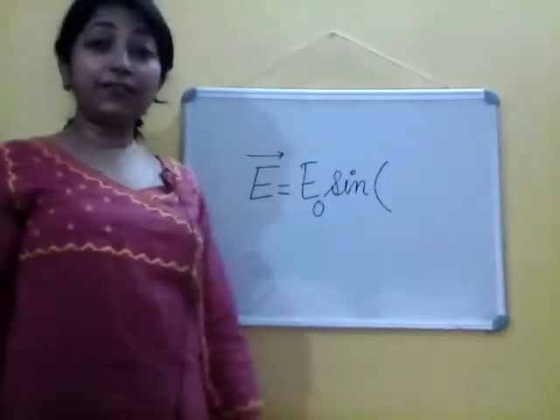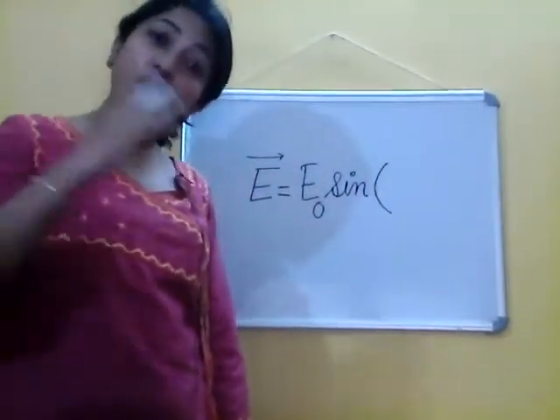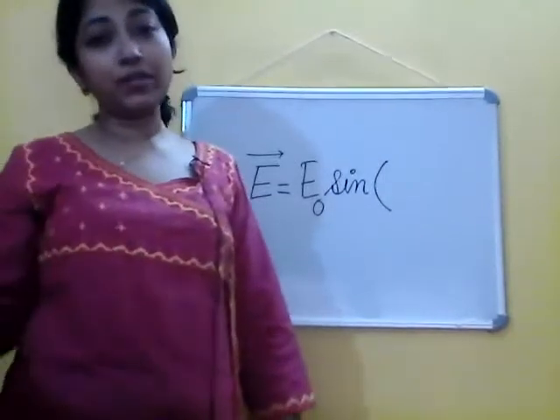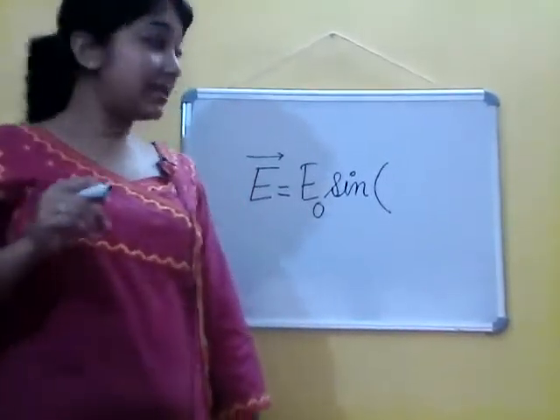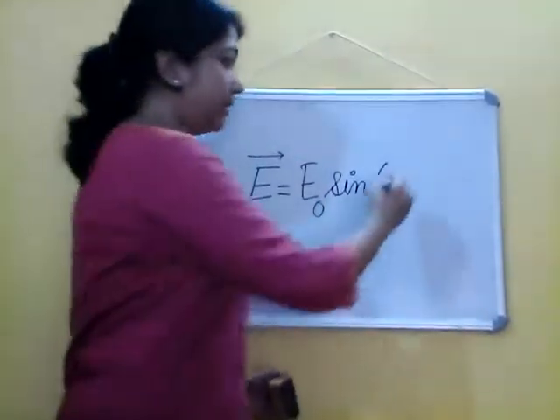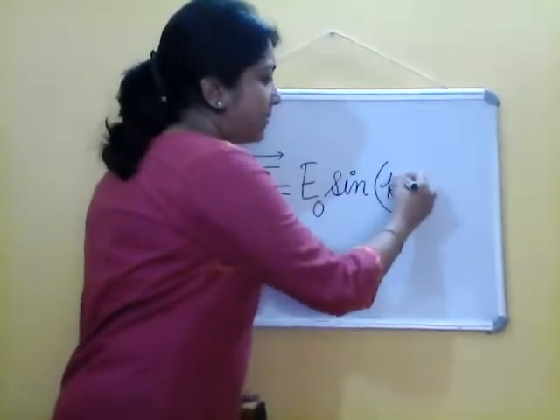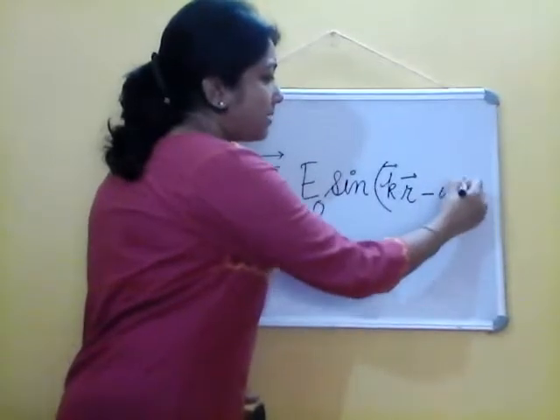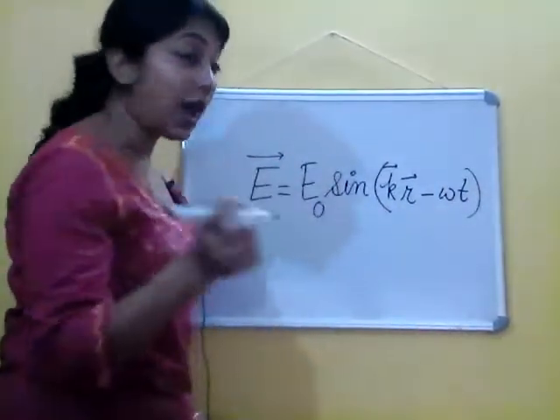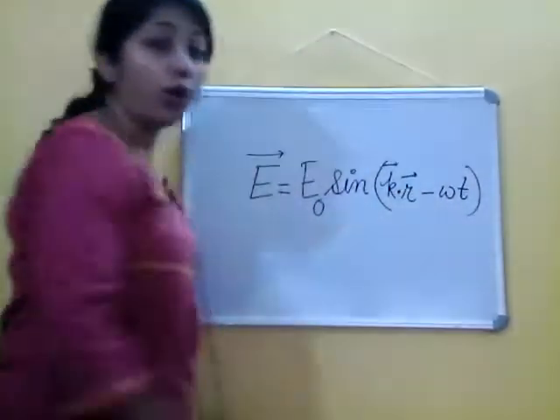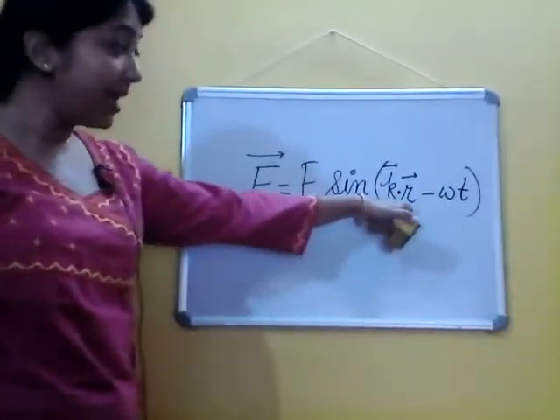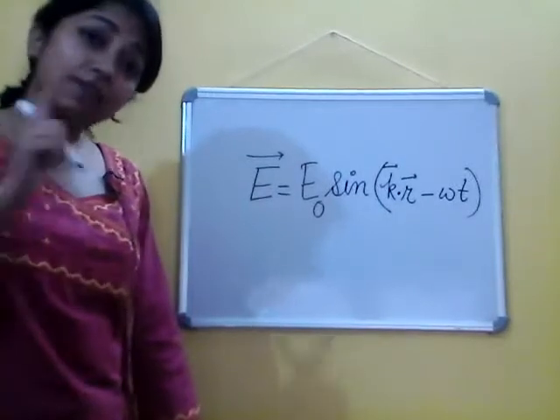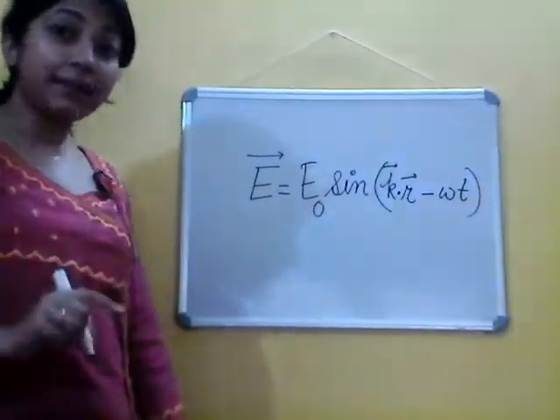Now, the electric field vector, as we all know, depends on the position as well as on time. In general, for a three-dimensional wave, it can be written as k dot r, where k is our propagation vector and r is the position vector, which consists of x, y, and z.